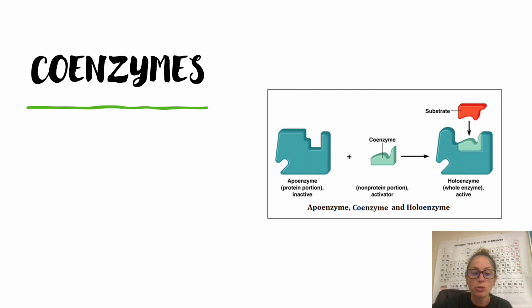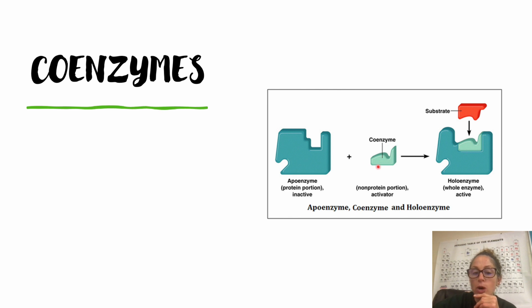So just to make your lives a little more complicated, there are two terms that we add to this. We have coenzymes and cofactors. First we're going to talk about coenzymes. In this diagram, we have what's called an apoenzyme. This is the enzyme structure with just the enzyme.